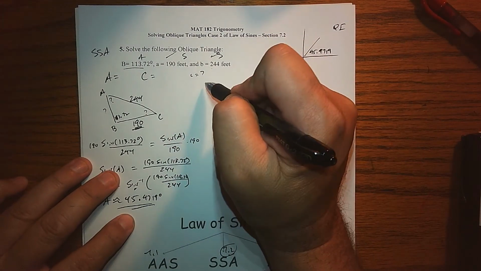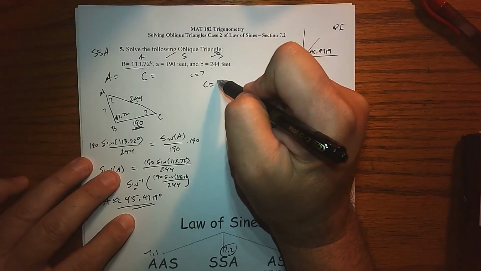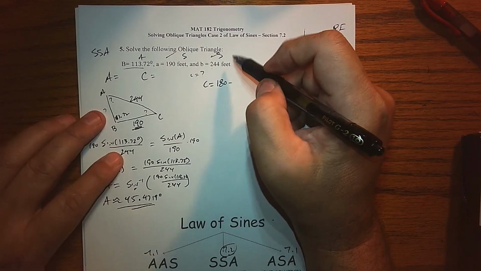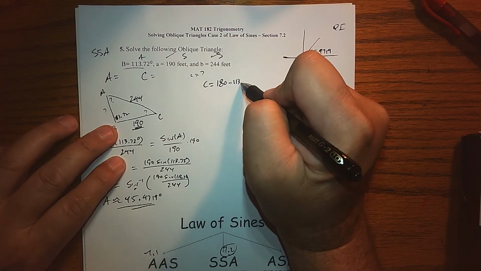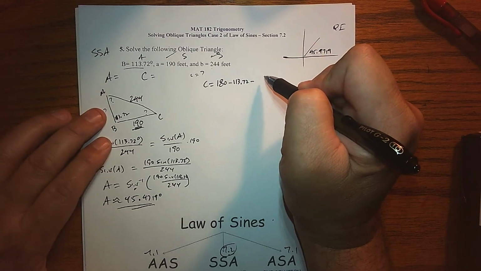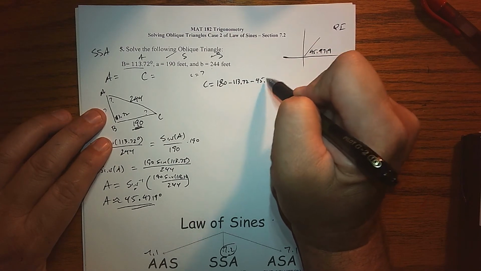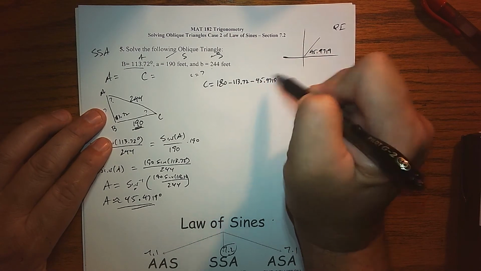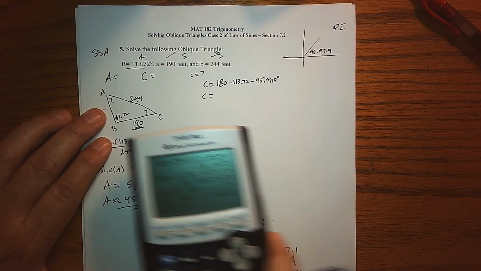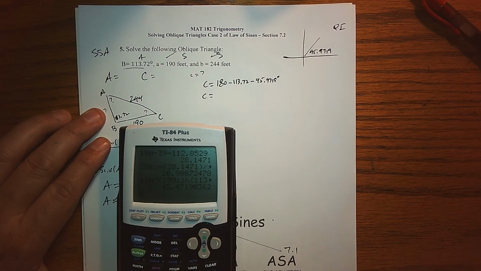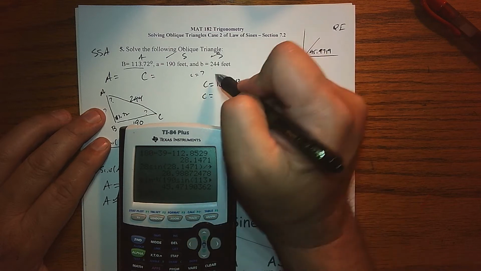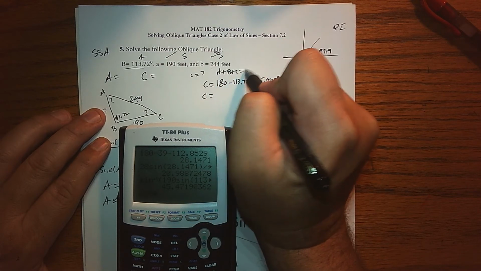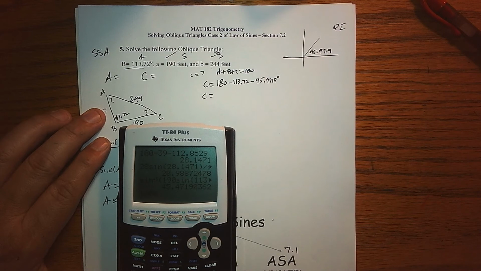So angle C would end up being 180 minus the angle that was given, 113.72, and minus the angle we just found, 45.47119. So my angle C would basically be 180, and again, I'm using A plus B plus C is equal to 180 for this particular triangle.